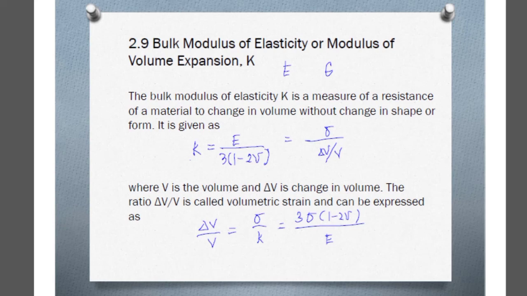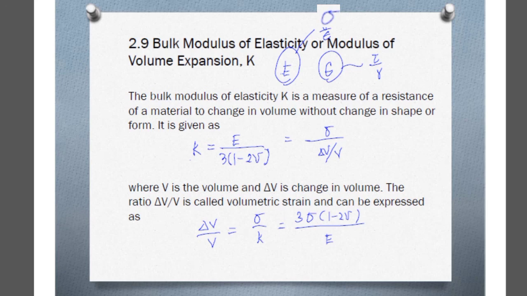And we have this formula here, E over 3 times 1 minus 2V. And from the idea that this modulus of elasticity here is stress over strain, and this modulus of rigidity here is also stress over strain.